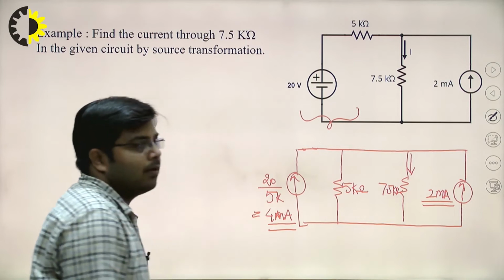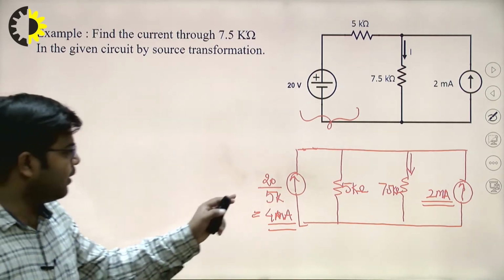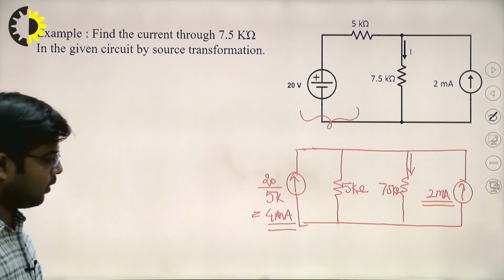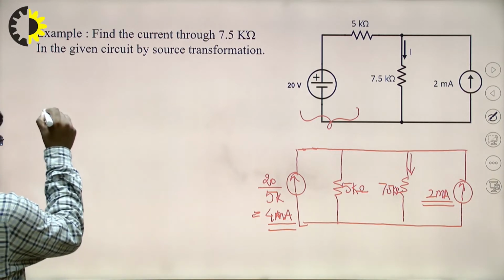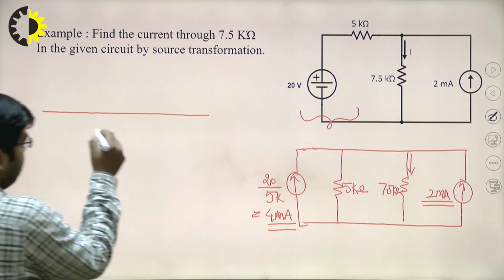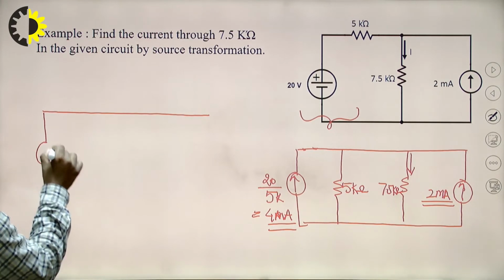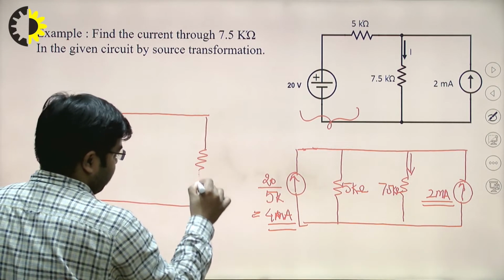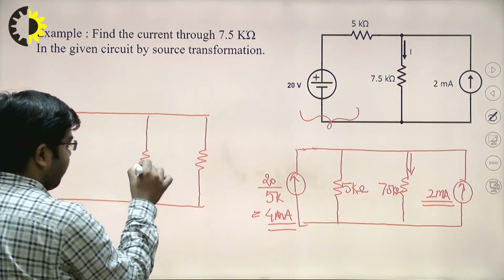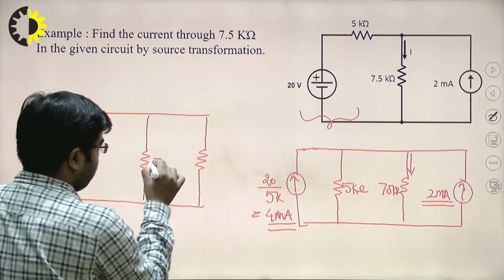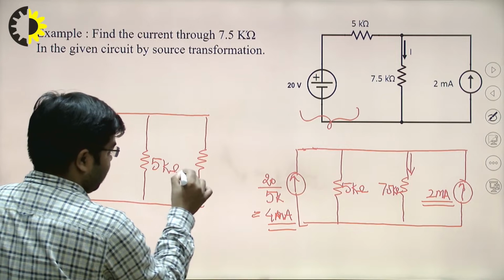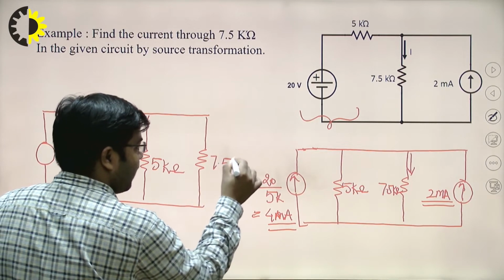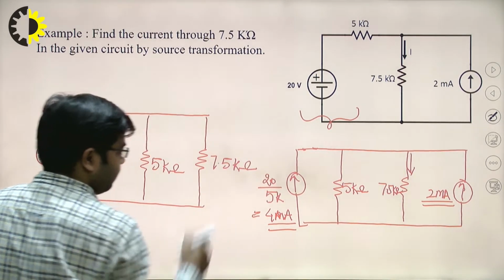Both currents are in the same direction, so you can combine these two currents. Okay. So you can draw the network like this. So this value is 5 kilo ohm, and this value is 7.5 kilo ohm.